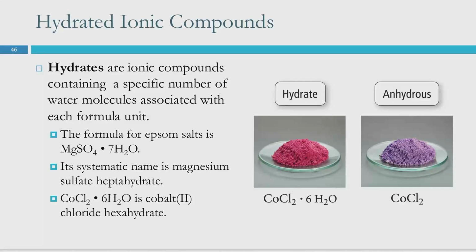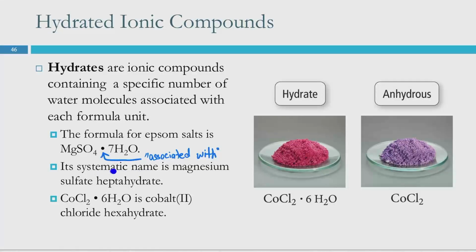And we write them with this dot operator, or middle dot. This dot means associated with. I don't know if that's exactly what it means, but that's how we should interpret it.